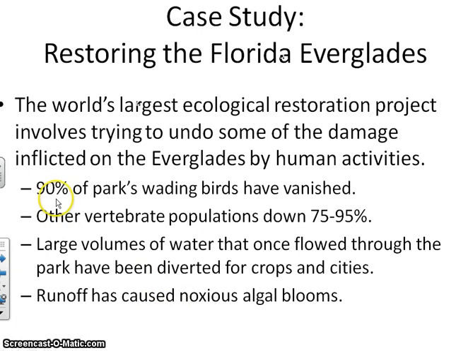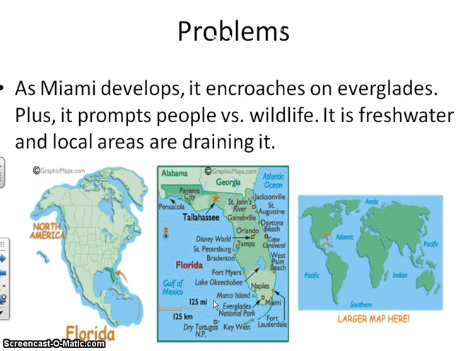So everything from displacing or killing off animals because they've lost their habitat, to changing the volumes of water that have been there, to putting too much nutrition in that water because we use lots of fertilizers upriver. What happens when you have too much nutrition? Well, you get too much bacteria and algae, and you end up with basically stinky water and poisonous places to swim and poisonous drinking water.